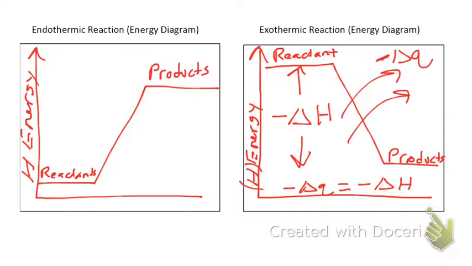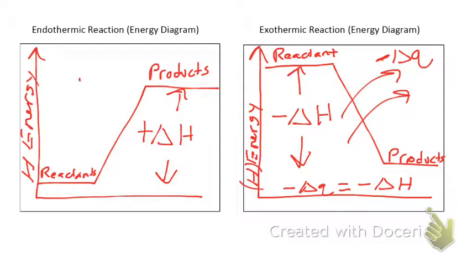So what's happening to the potential energy of the system during the reaction? Well, it's going up. That means the change in potential energy, or the change in enthalpy, since this is a constant pressure system, is going to be positive. Where's it getting the potential energy? It can't just create potential energy out of nothing.